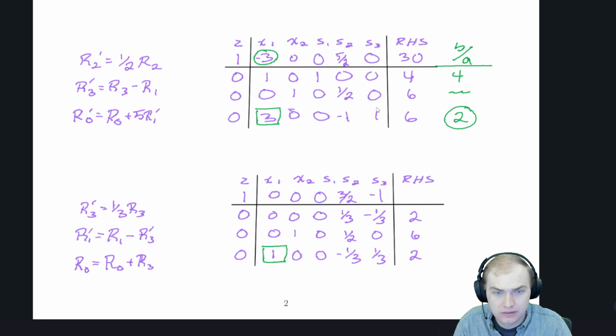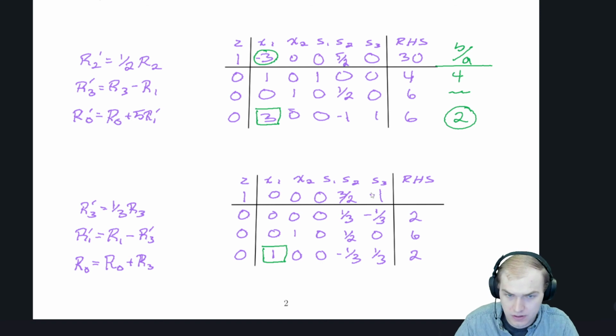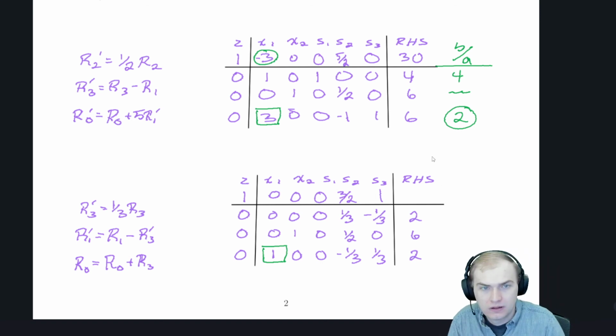Oh, wait, that's a positive one. I'm adding a positive one. I got confused with the negative. So that is a positive one. 30 plus 6 is 36.